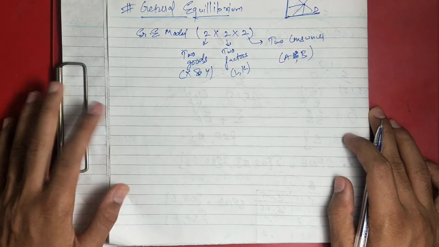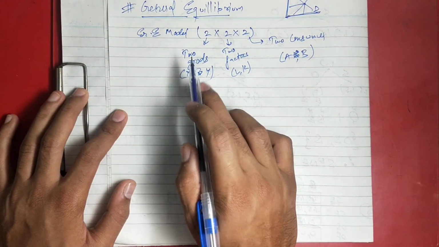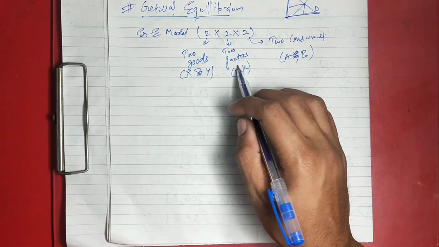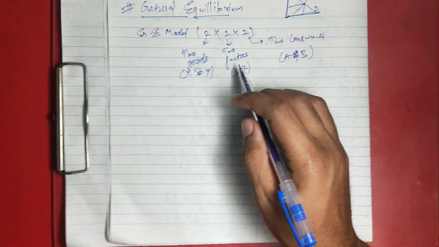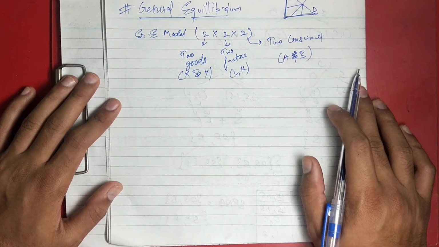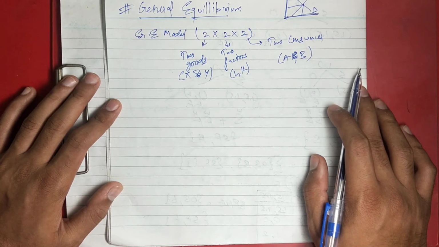So in the partial equilibrium, if we are taking the goods market, we won't consider the factors market. Like if we are seeing from the consumer's point of view, we will only see from his point of view.